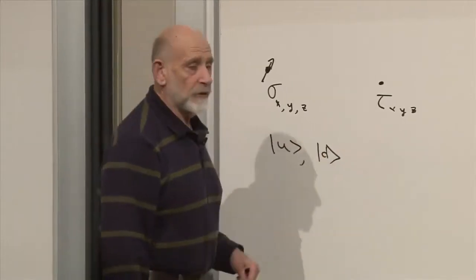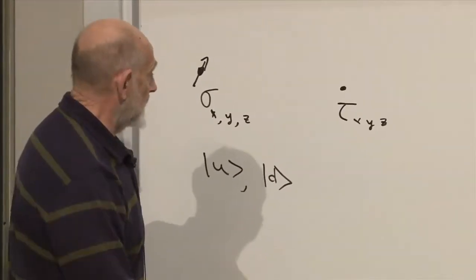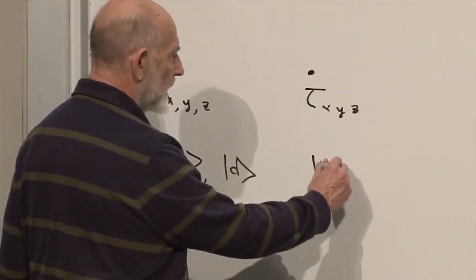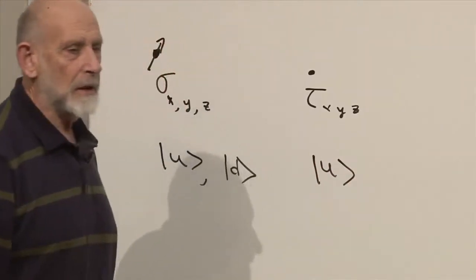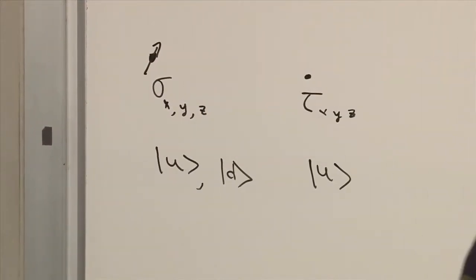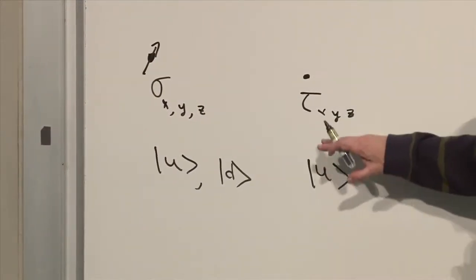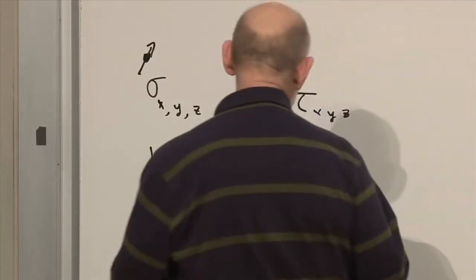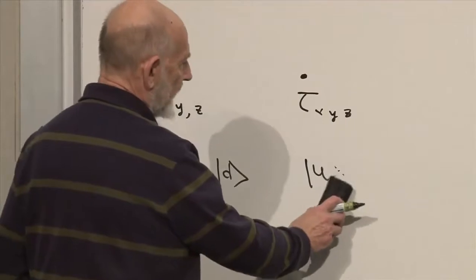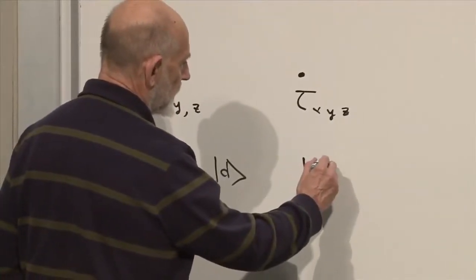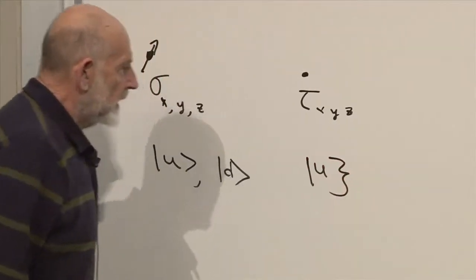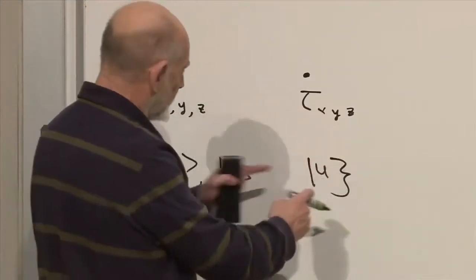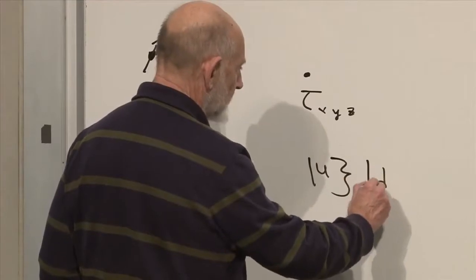Our basis vectors for tau are exactly the same, up and down. And maybe in order to indicate that these are vectors for the system tau and these are vectors for the system sigma, let's use a slightly different kind of bracket notation here. Let's use a curly bracket. I'm going to give that up very shortly. I just want to point out to you that these are different than these. And down.